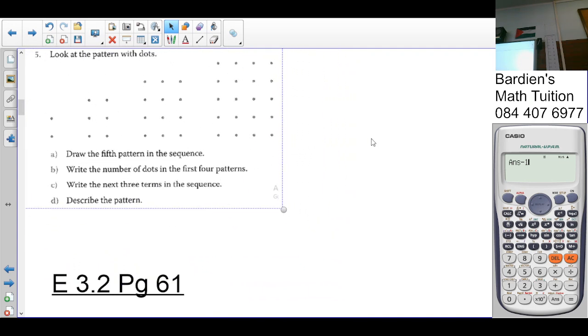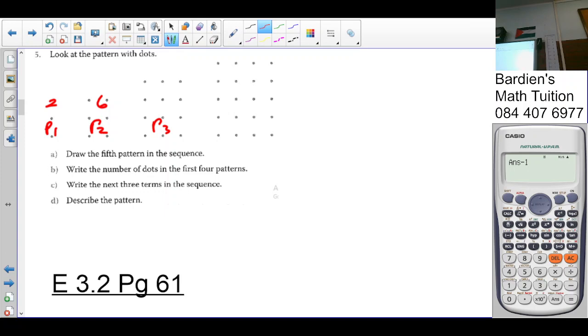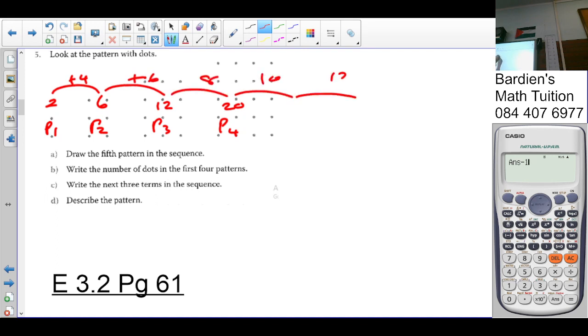So your number 5, look at the pattern with dots. Pattern 1 has 2 dots, then 6 dots, then 12, then 20 dots. So how do I move from one to the next? Adding 4, then 6, then 8, then 10, then 12.